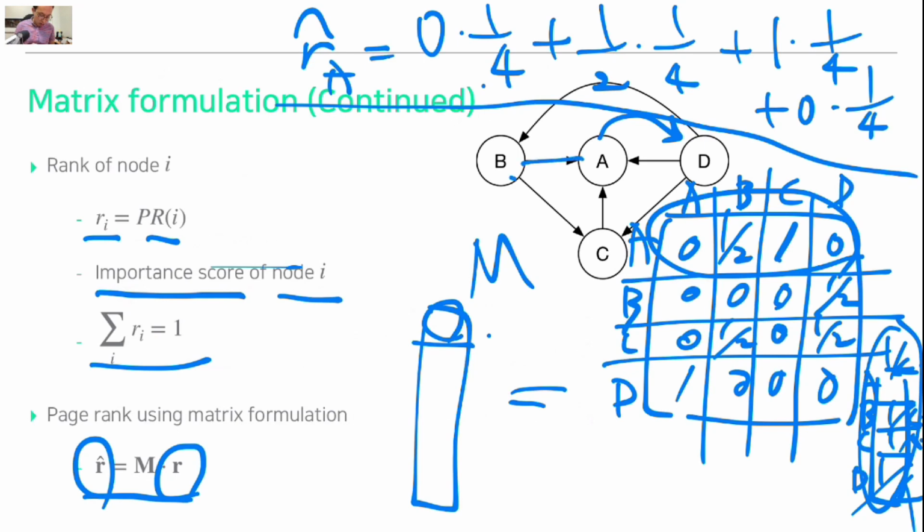We use the PageRank score of page B, and for C, which has 1 link, 1 is here, so we're considering the initial score. D has A and C, right?